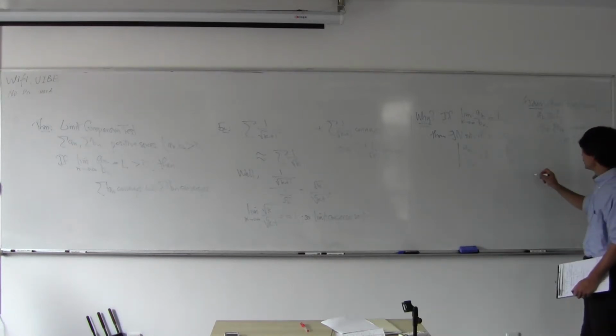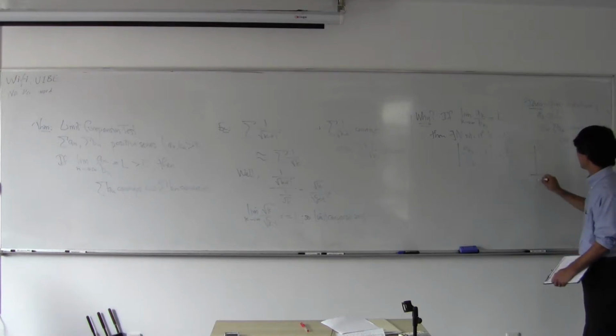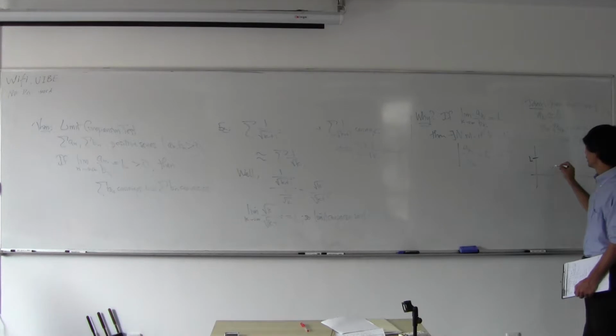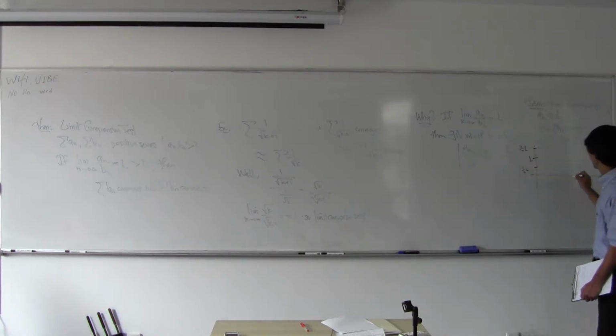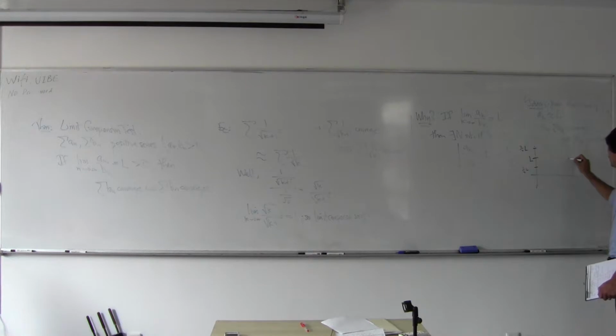Okay, right, so here's the picture. Here's the picture saying, if we're looking, this is L, and let's say that here's 3/2 L, and this is 1/2 L. We know that there's some time, and past that time, all the AK over BK lie between these two lines.